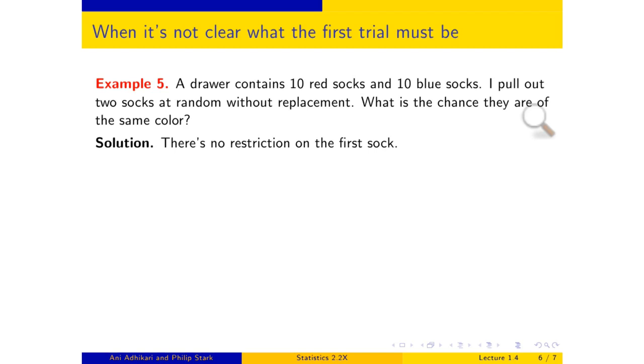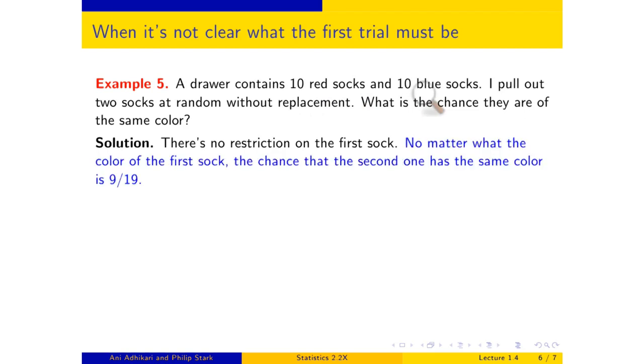And then what? Well, then the second one has to be the same color as the first one that I drew. And because there are the same number red and blue, no matter which color I drew the first time, of course the second time there are 19 socks left in the drawer, and there are only 9 of the color that I drew the first time.